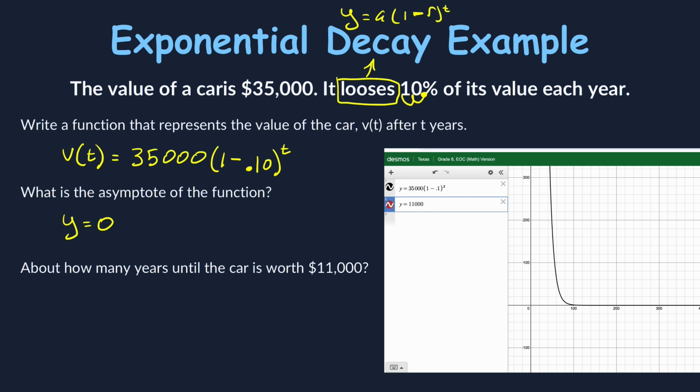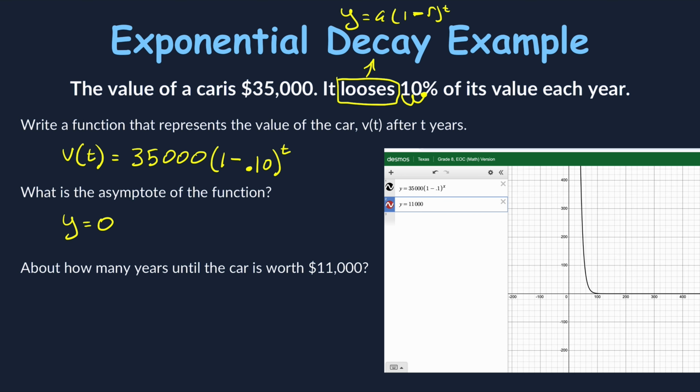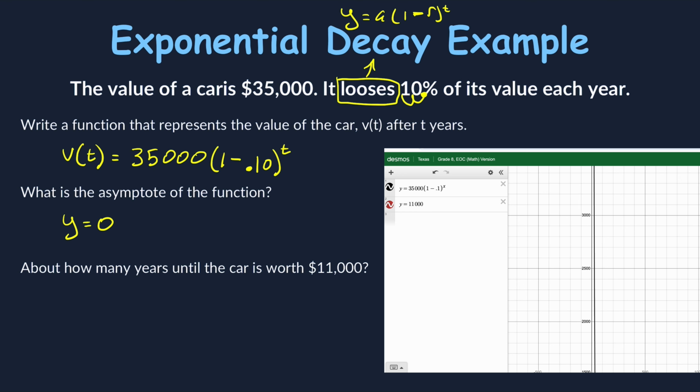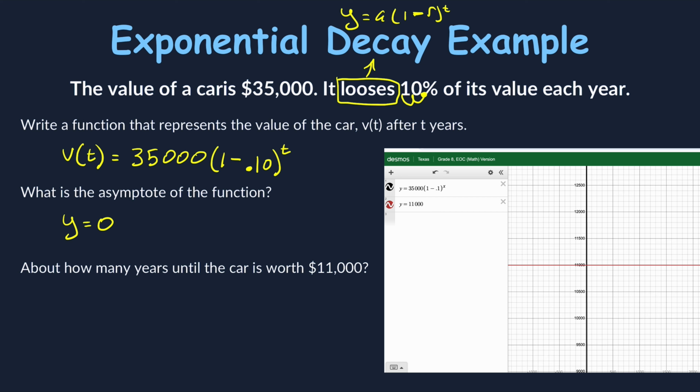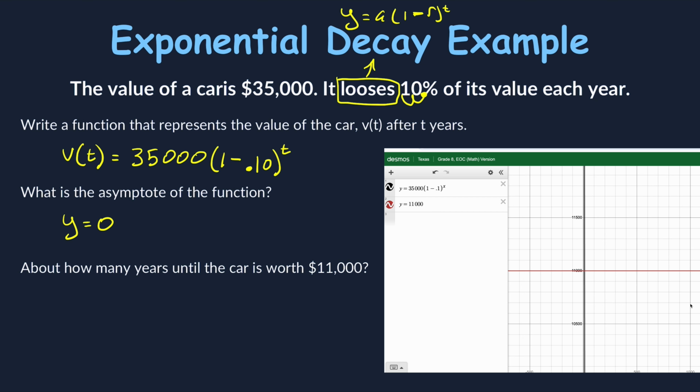I get this red line that's going to be way up here, and it's crossing my black graph that I had. And so when they cross each other, I get this gray point, and so I see my y value is 11,000, and the x value tells me how many years have passed. So I see that it's 10.986, so I can say maybe about 11 years until the car is worth $11,000.